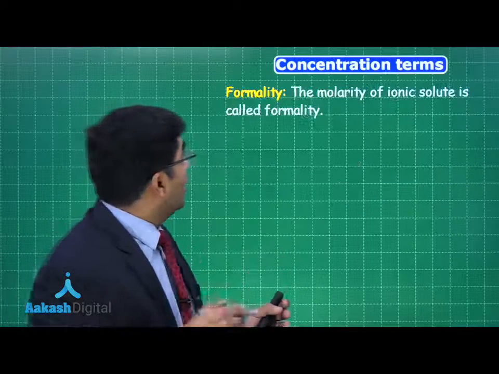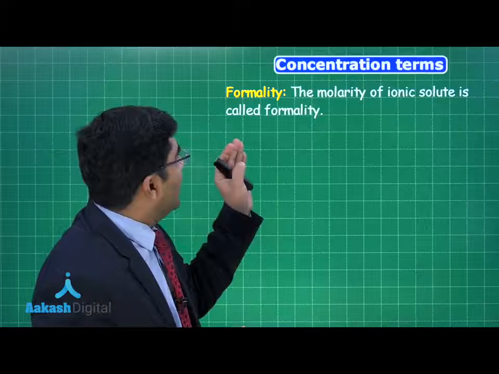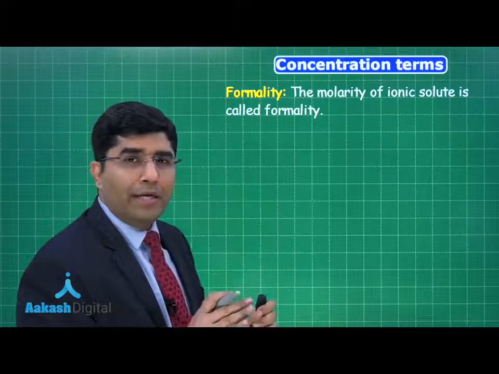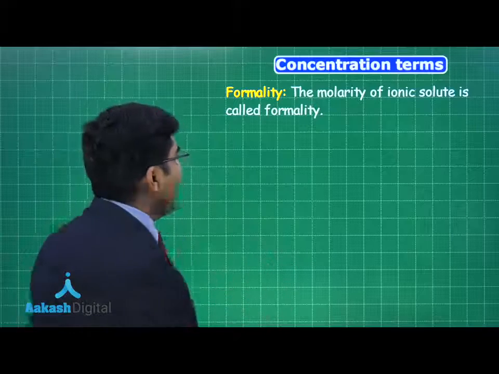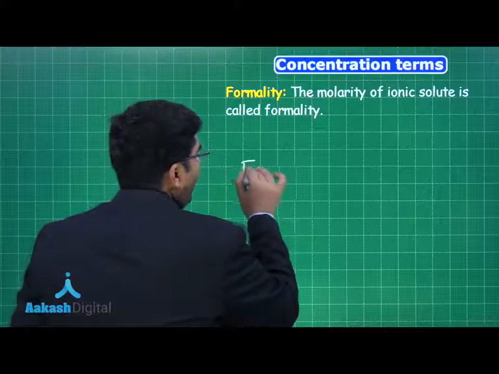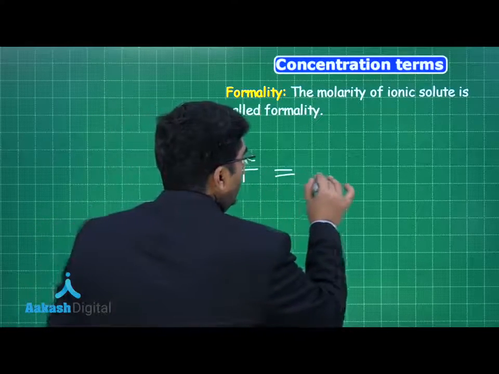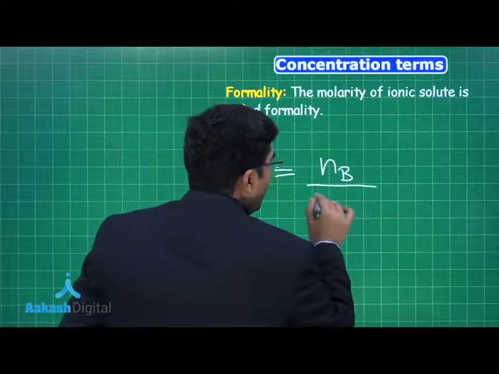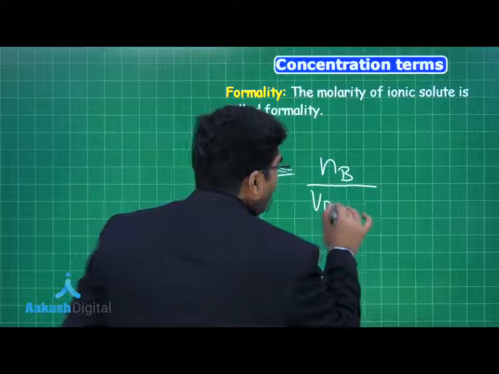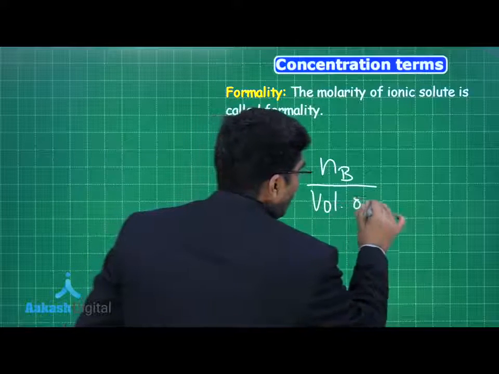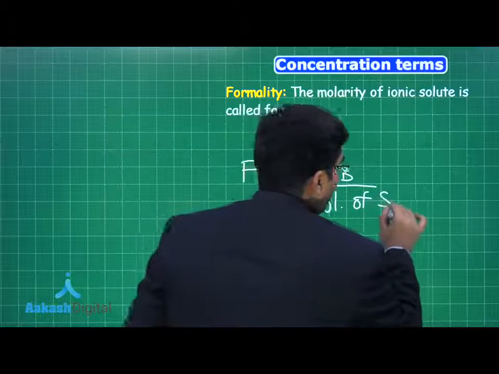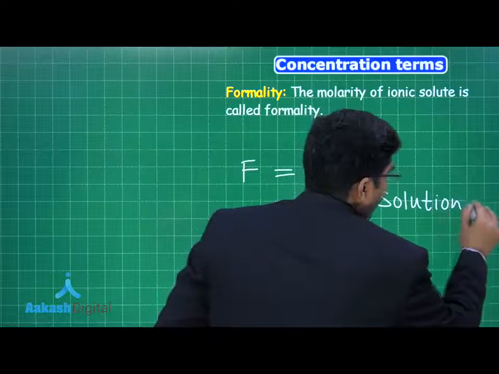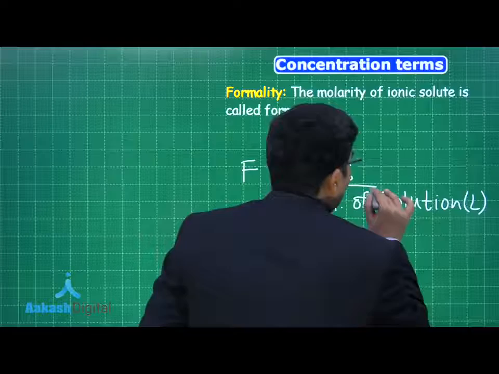Now, there is another term called formality. The molarity of an ionic solute is called formality. It is the same thing: formality F is equal to the number of moles of solute divided by the volume of solution in liters.